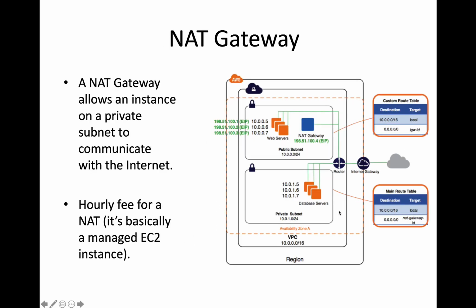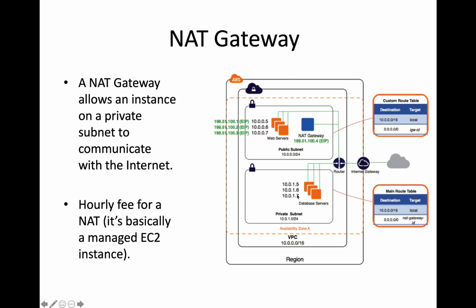I'll go back to our NAT gateway slide, and you can see in this diagram where we have our NAT gateway, and same thing. In our public subnet, we're routing our traffic within the VPC locally. We're routing traffic out to the internet through the internet gateway.